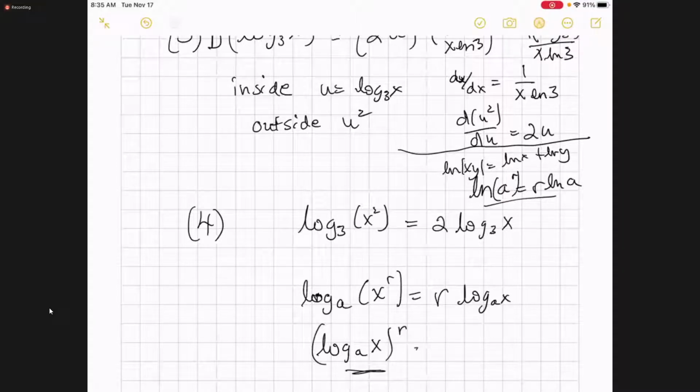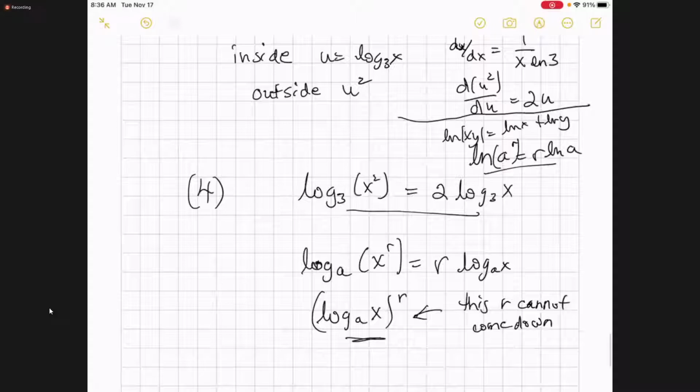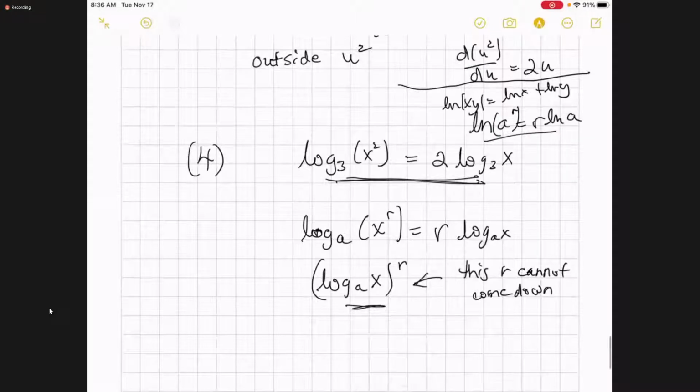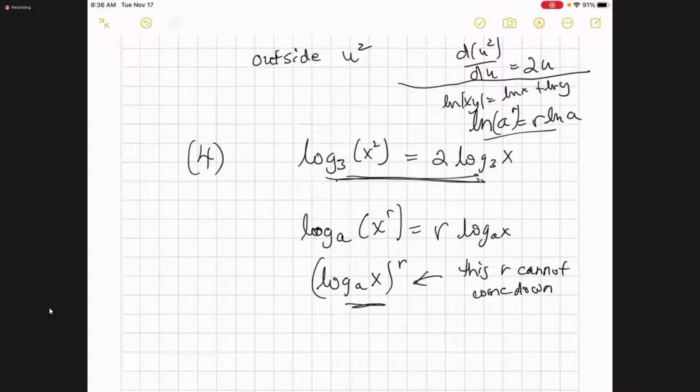Okay, that r cannot come down, because it's a different function. When you're raising x to a power inside the log, it can come down. Okay, so I can write this function in this way. That means I can take the derivative using either this or this. The derivative of the log base 3 of x squared.